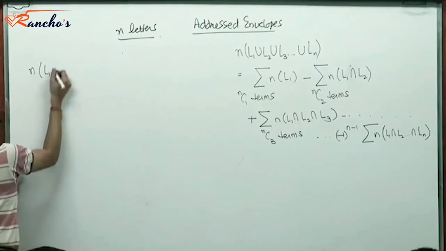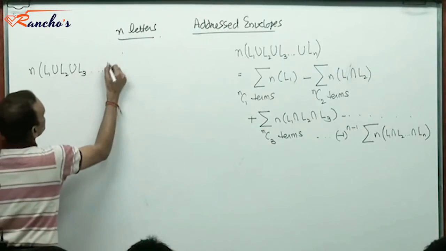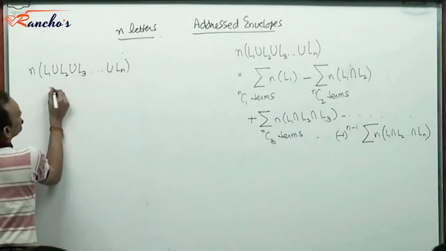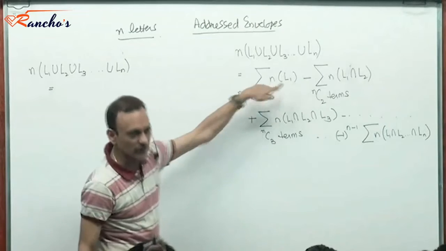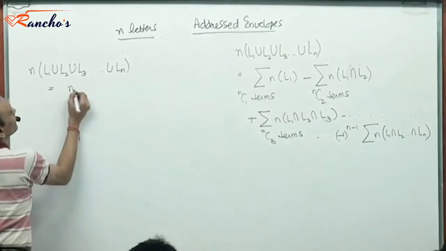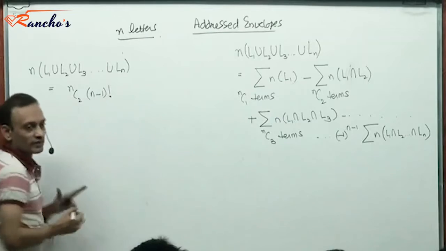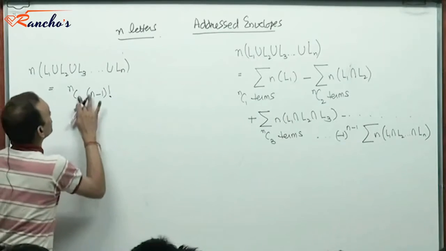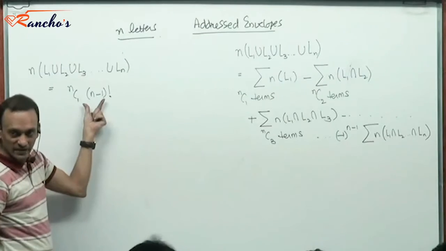Number of ways in which L1 or L2 or L3, that means at least one of them gets into the right envelope. NC1 terms, each of value n minus 1 factorial. So this would be NC2 into n minus 1 factorial, right? NC1 terms, these many terms, each of value n minus 1 factorial.